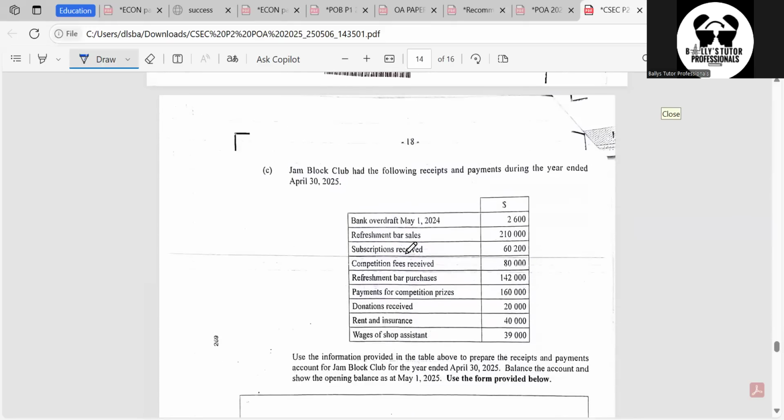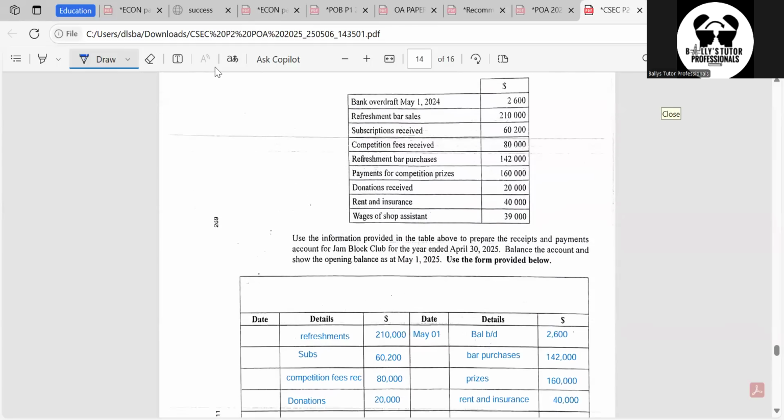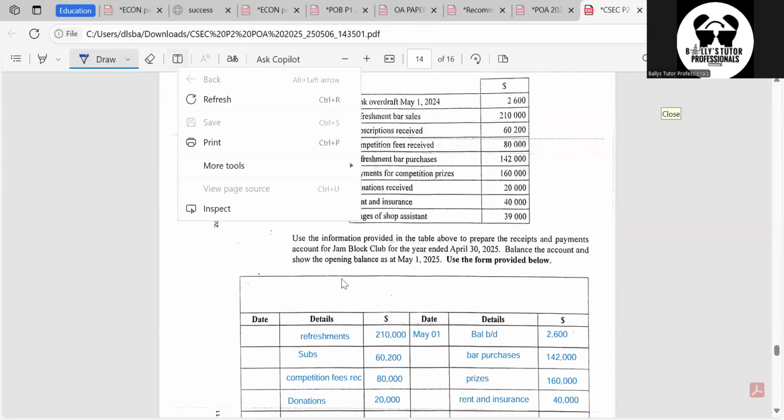Then it said Jam Block Club had the following receipts and payments during the year ended April 30th, 2025. Alright, so they want us to use the information to prepare a receipts and payments account for Jam Block Club. They didn't give us any heading, so this is pretty easy. I'll put in the heading first here.